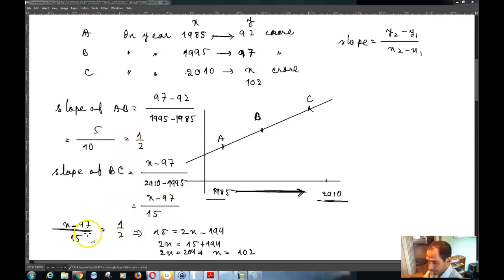And so 15 is equal to 2x minus, let's see if I made a mistake over here probably.